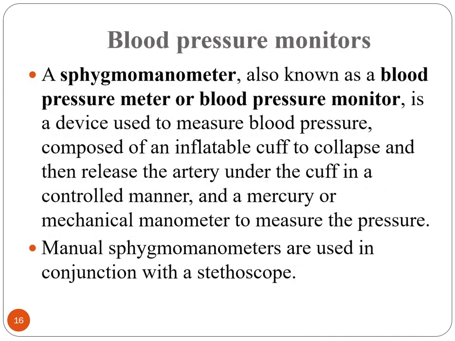We also have a common medical device used in practice, the blood pressure monitor, also called the sphygmomanometer. They are also known as blood pressure meters. They are devices used to measure blood pressure, composed of an inflatable cuff to collapse and then release the artery under the cuff in a controlled manner, and a mercury or mechanical manometer to measure the pressure.